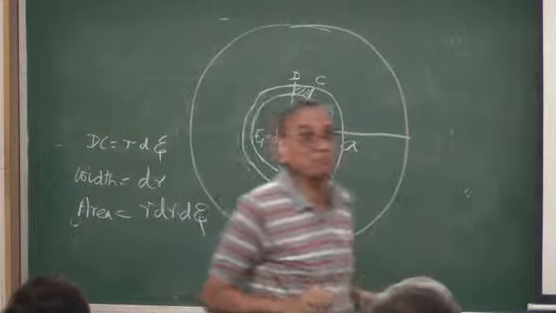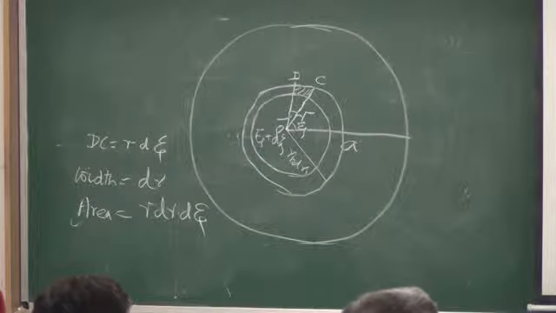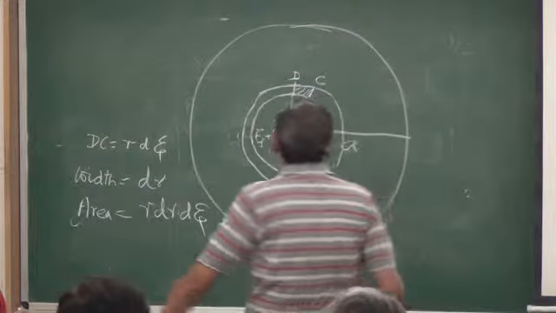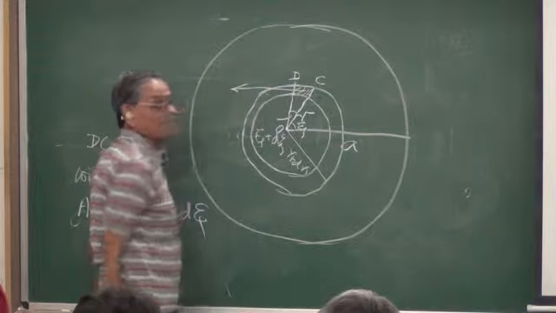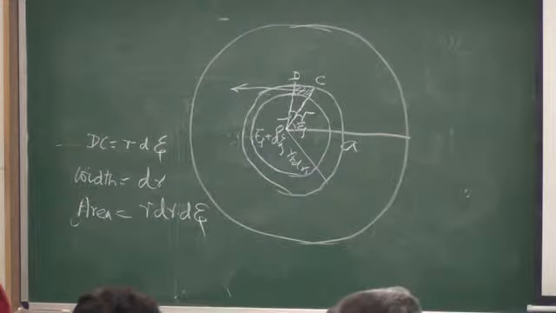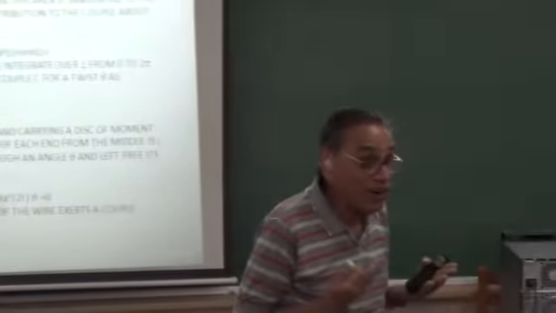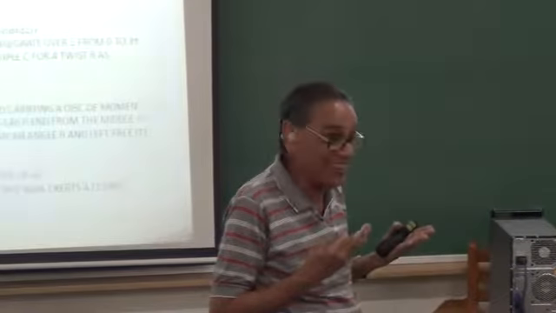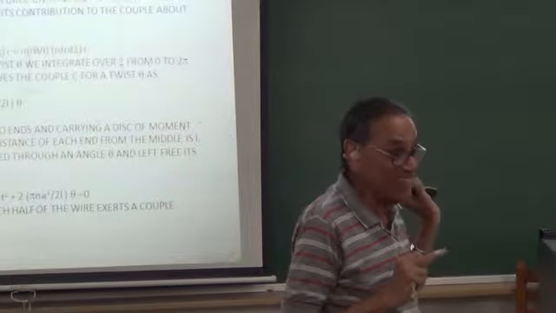So on this strip there is a shear force acting because I have twisted the wire. So what is the shear force? The shear force may be a force like this. It will be tangential to the surface. You saw that the shear force is tangential to the surface and it will be normal to the radius vector r. So I calculate for a given shear strain phi, what is the shear force acting on this area?